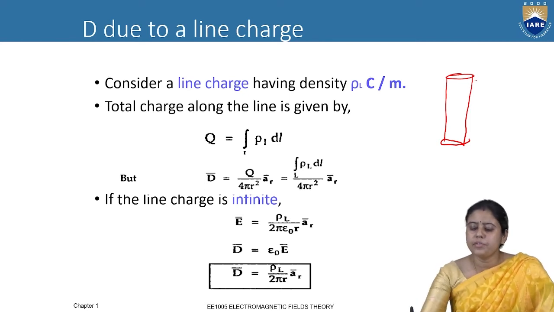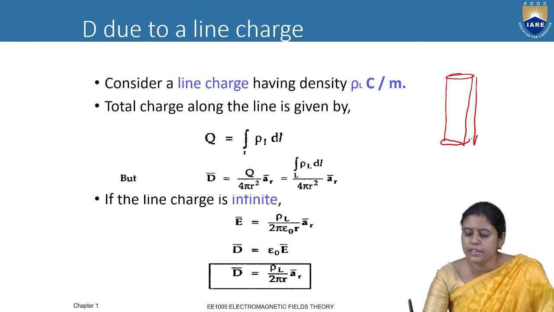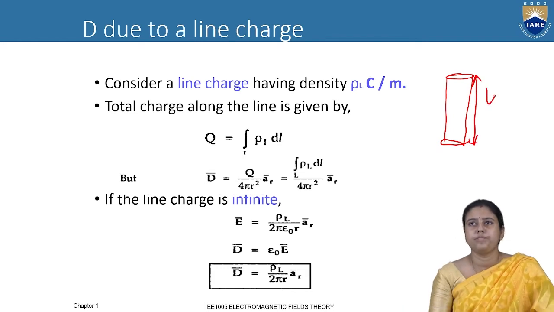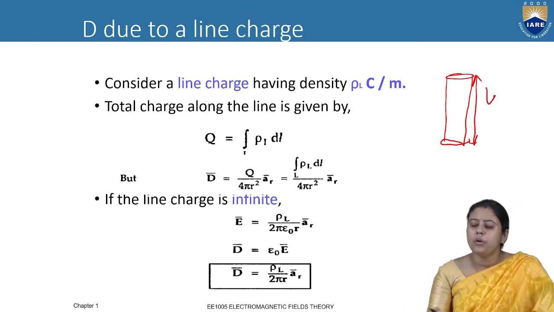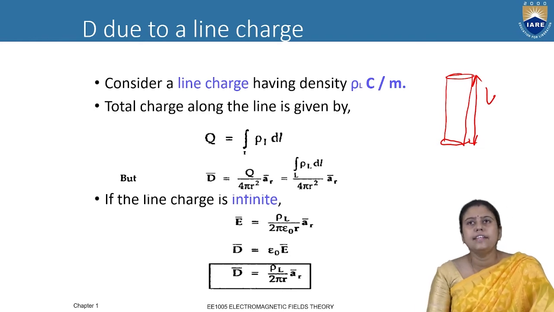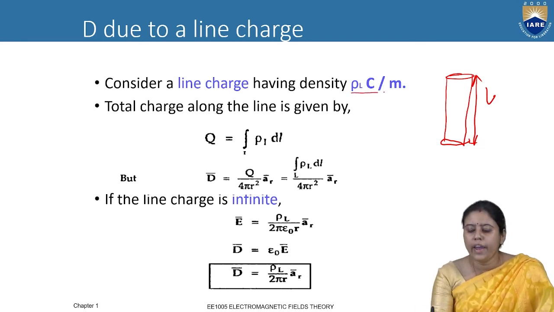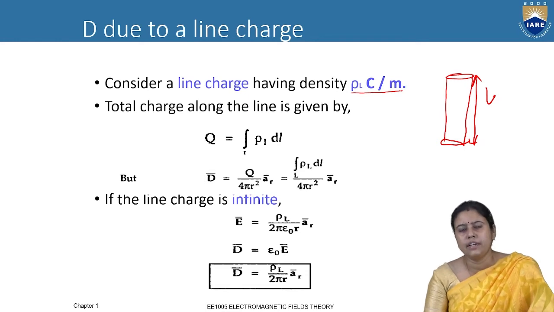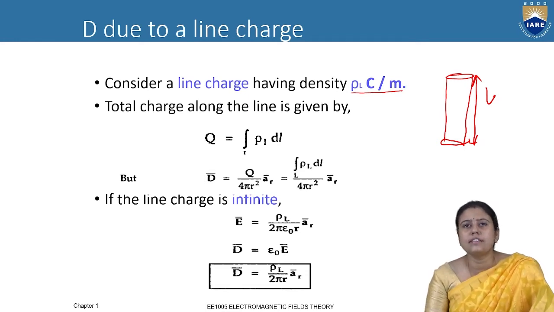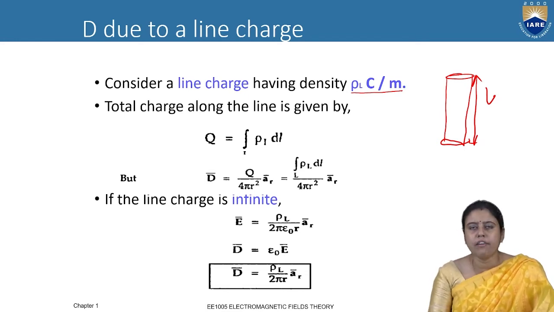So in the case of a cylinder, we assume the length of this is L. Now, the line charge density is rho L coulomb per meter. We have already discussed the line charge density in our previous lecture.